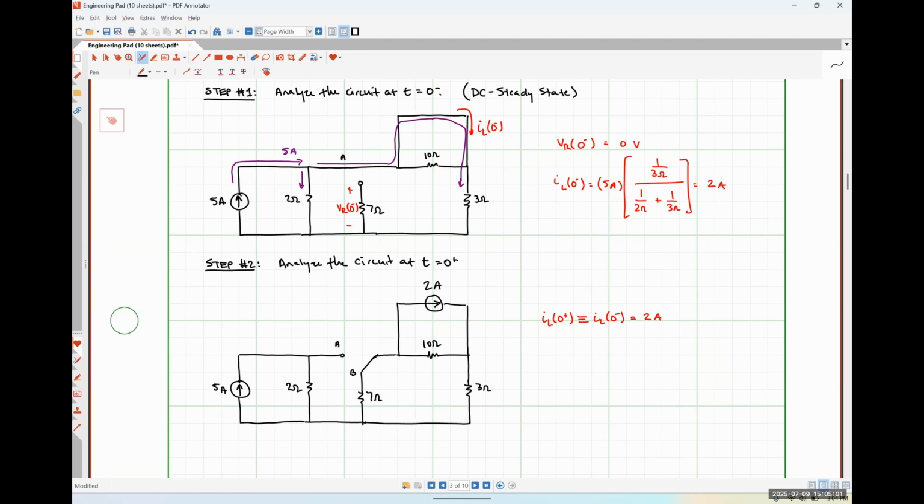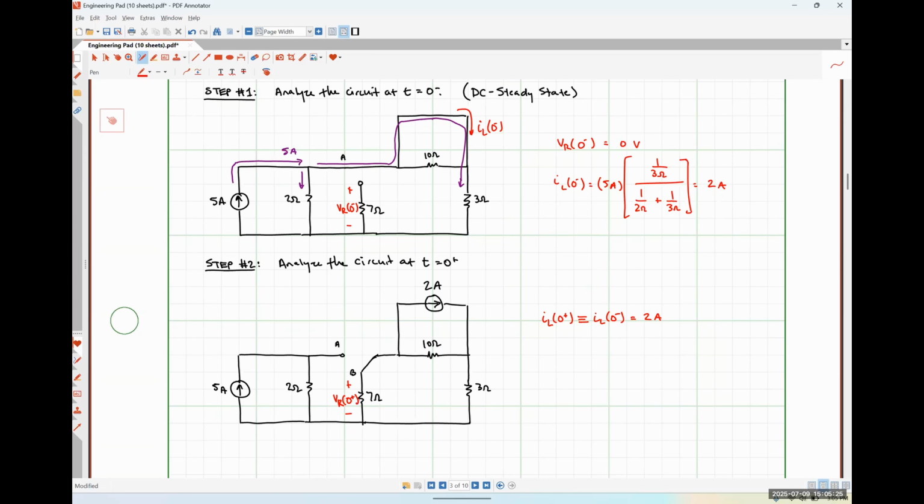We don't need to do any work whatsoever to find IL at 0 plus, because we already did that work when we were analyzing the circuit at t is equal to 0 minus.